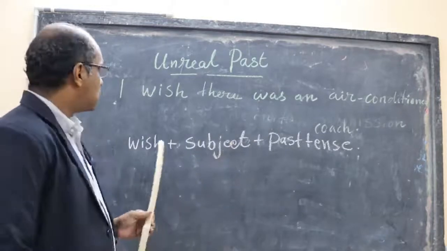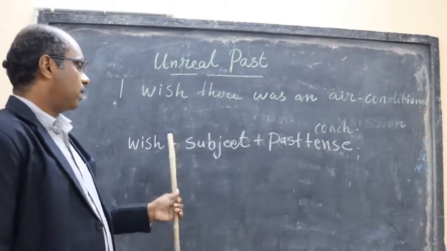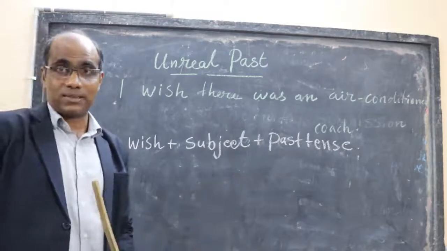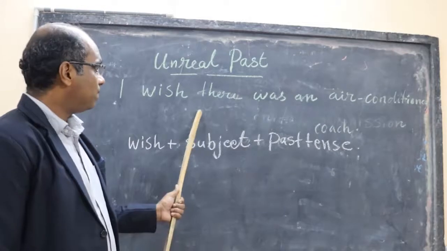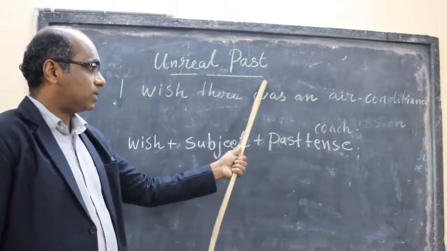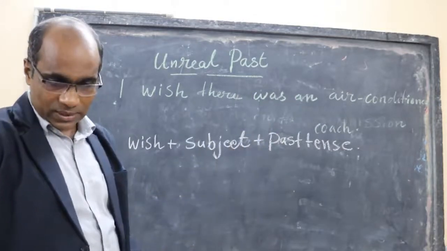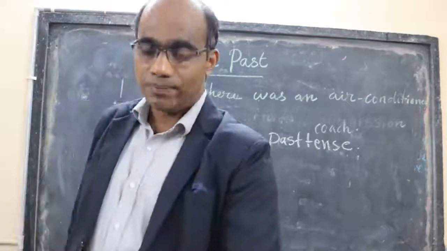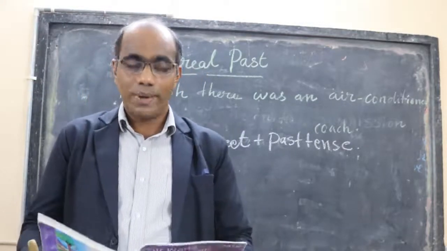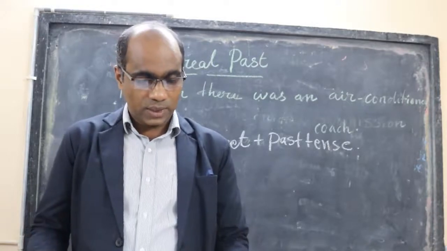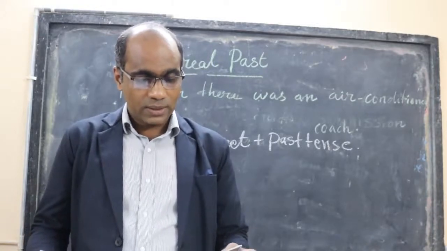So here is a wish, and subject and past tense. Something happened in the past tense. Here, was is the past tense. Okay. So with similar sentences in the examples and the exercise you are doing, you will understand. Just read one sentence there.